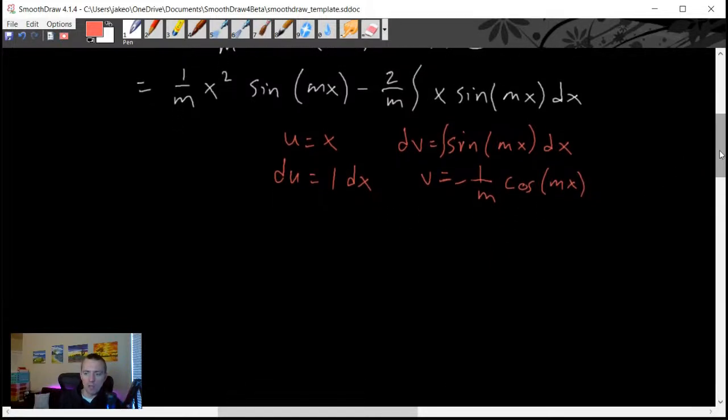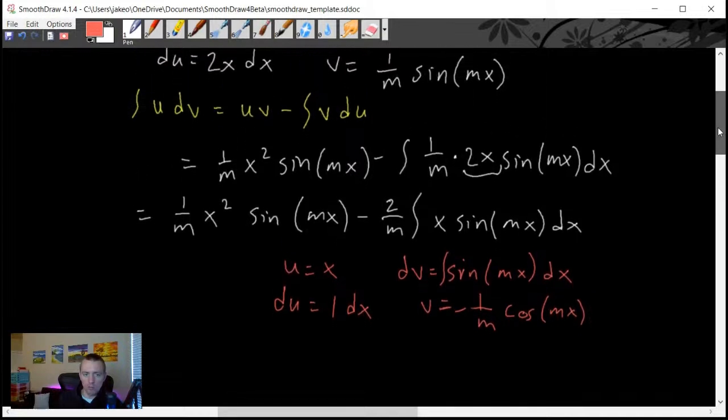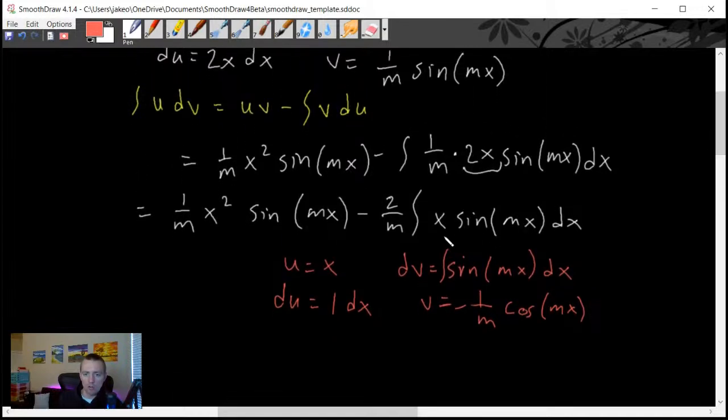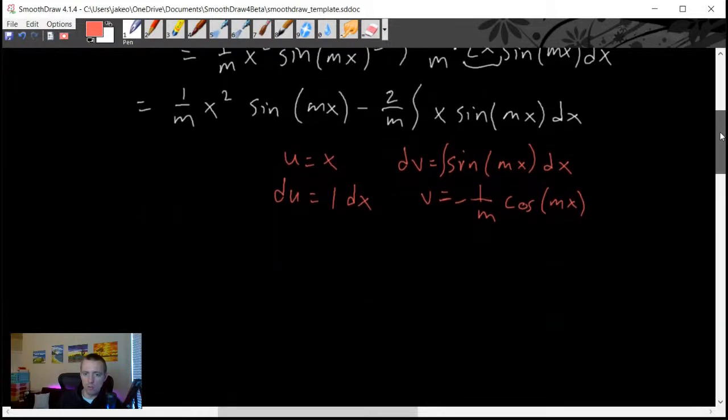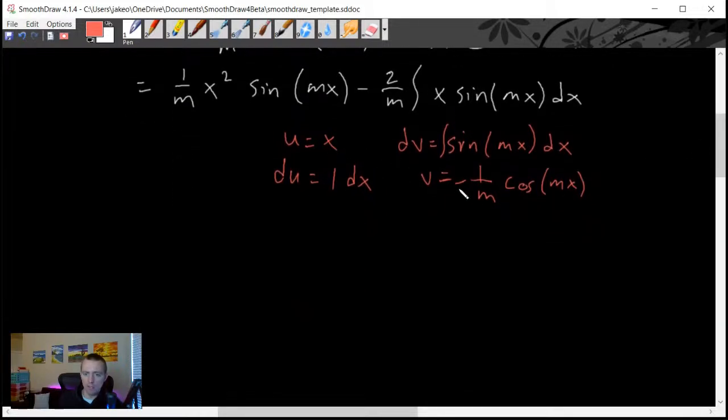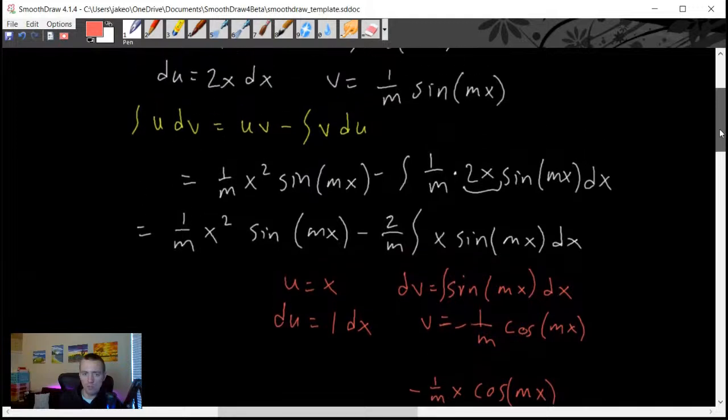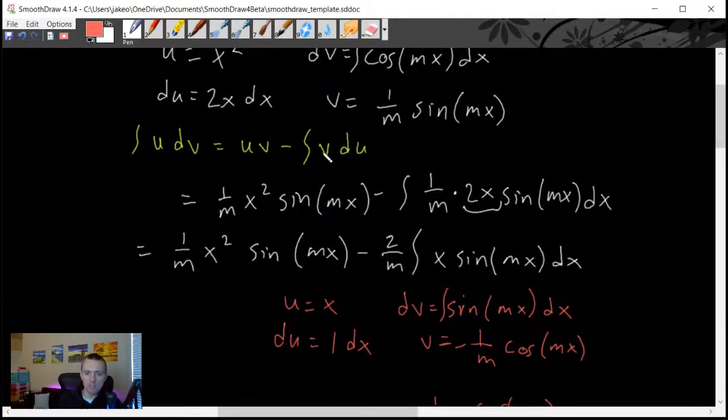So then we can apply, again, this integration by parts formula. The integral of u times dv is going to be equivalent to u times v, so x times negative 1 over m cosine mx, so negative 1 over m x cosine mx, u times v, minus the integral of v times du.